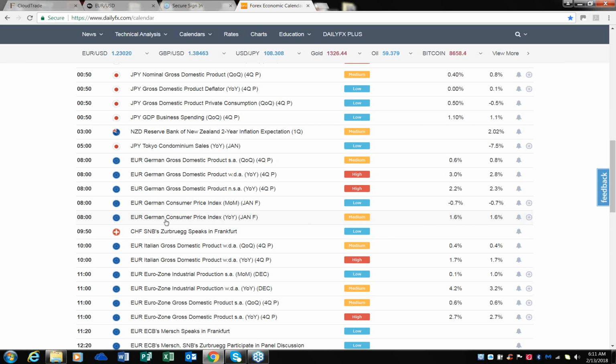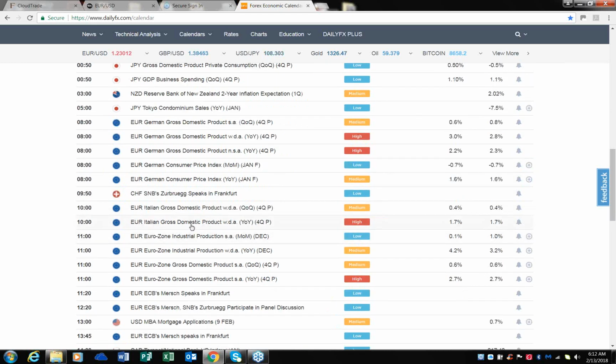Although it says the Euro German consumer price index is marked as medium, you will take that as high because it's the German consumer price index. But that's coming out at 8. You've got the Italian gross domestic product, but the Italian economy is not significant, so you can just ignore the Italian GDP. And then at 11, we have the Eurozone gross domestic product.